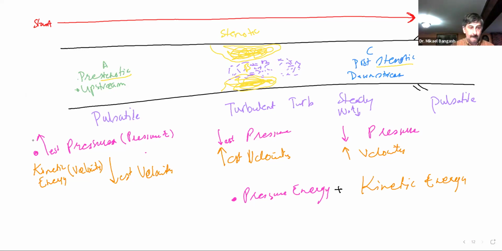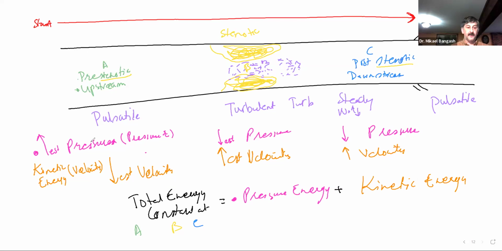They add up to what we call the total energy, which we said was going to remain constant at all points, whether that was E, whether that was B, or whether that was what we call C.